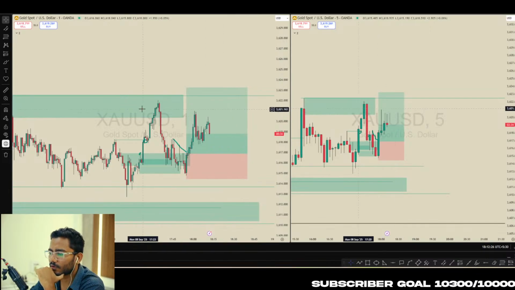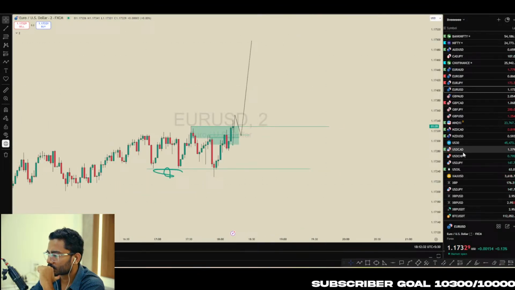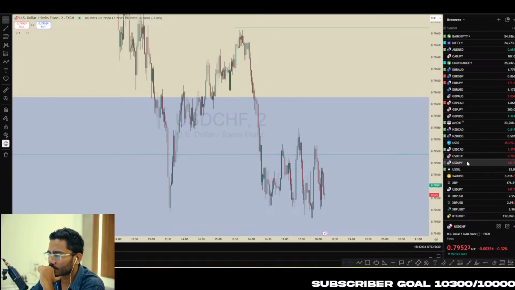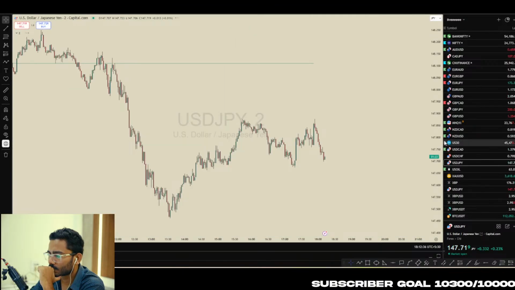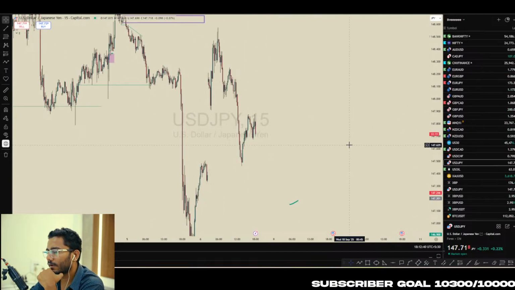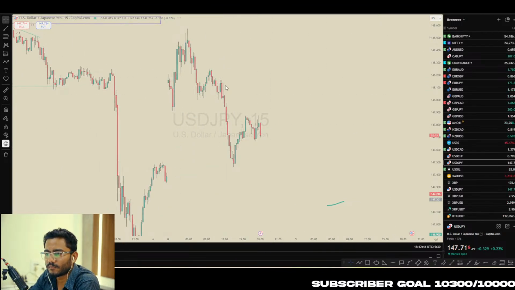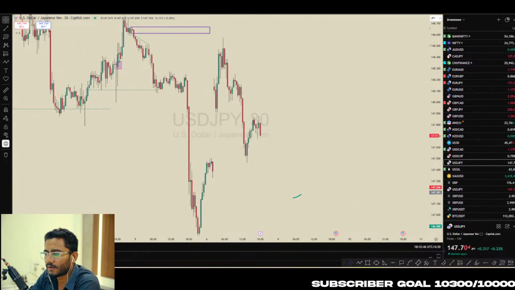USD JPY sell on FVG. I don't use FVG for entries, so I can't really tell from which area you can look for entry.